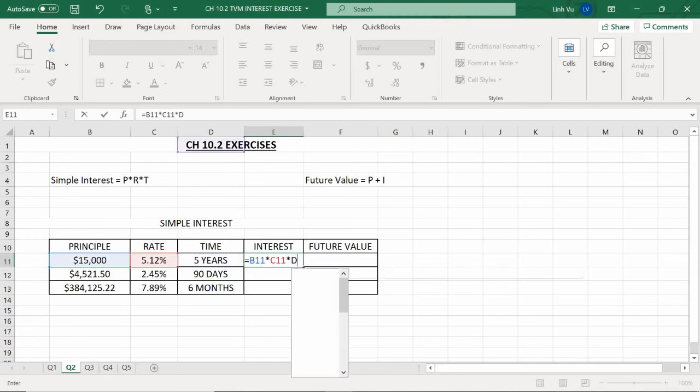So $15,000 times 0.0512 times 5 years. What's my interest here?